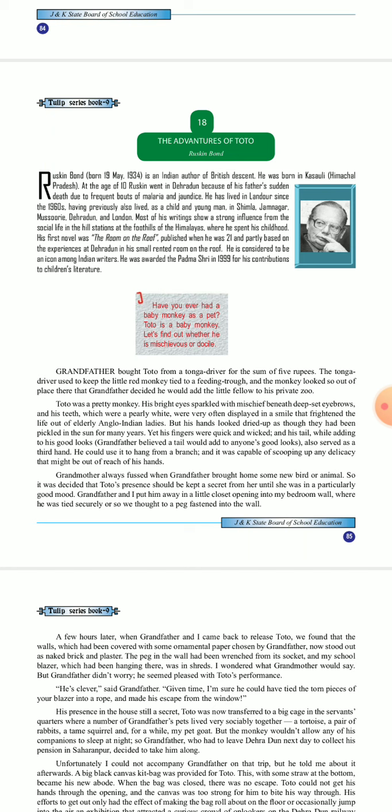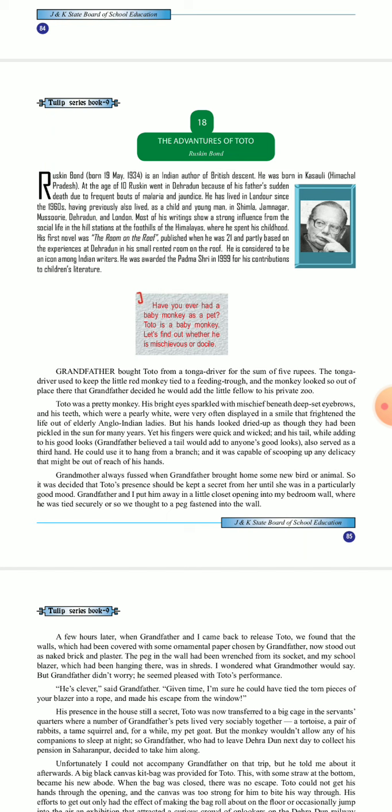Grandfather decided that he would add the little fellow to his private zoo. Zoo means a place where birds, animals are kept. Private zoo means that it was his personal one. Toto was a pretty monkey.